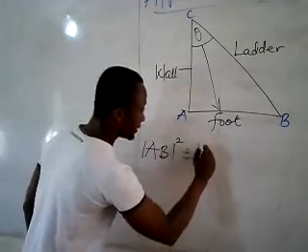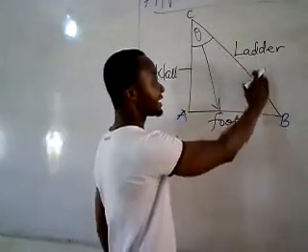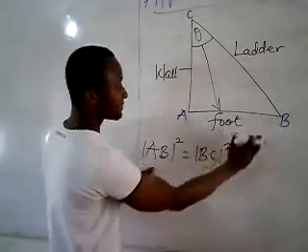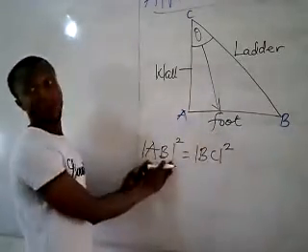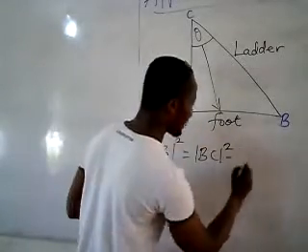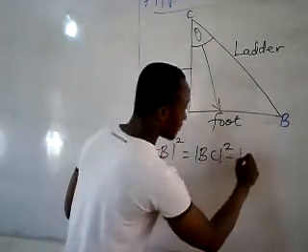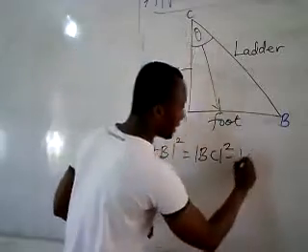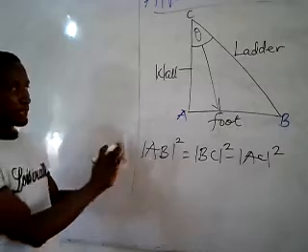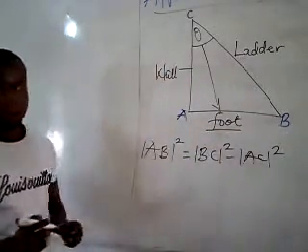That will be BC squared. Since BC is the longest side and that is the hypotenuse, we make AB the subject, which is the opposite, representing the foot of the diagram, minus where we have the wall, the adjacent. That will be line segment AC squared. So this is the formula to use when you are asked to find the foot of this diagram.